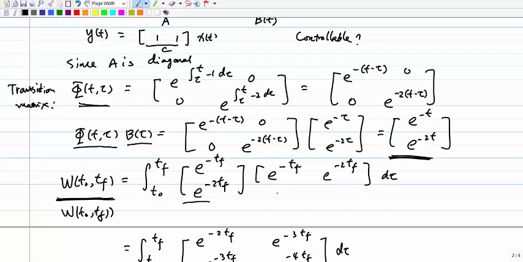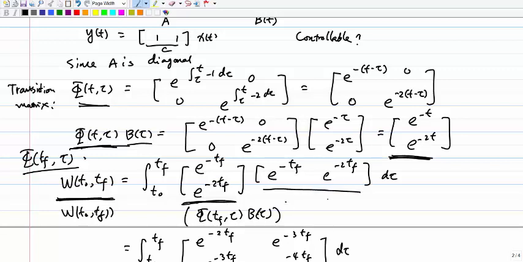Of course, here what I do is I have phi. Once you have this one, you can compute phi(tf, tau). So you just replace t by tf. After doing this, this is phi(tf, tau) B(tau), and you do a transpose of that.